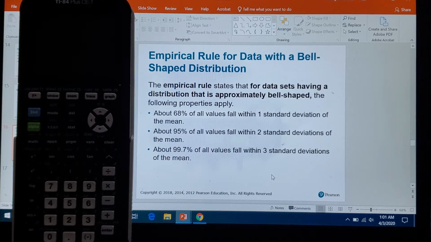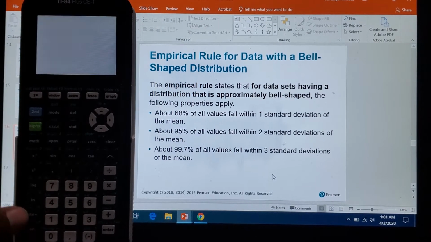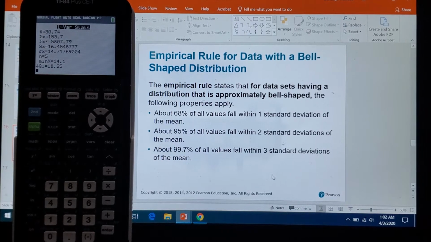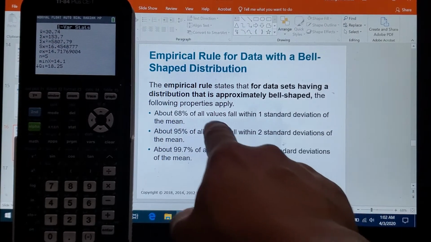In this example that we're looking at, 16.45 is one standard deviation. Two standard deviations would be adding another 16.45 to that 16.45. For three standard deviations, you add another 16.45. So when you say one standard deviation, it's not about this one value, which is 16.45. That's one standard deviation. Two of them would be adding two of these together. Three of them is adding three of them together. And that's what this is saying here.